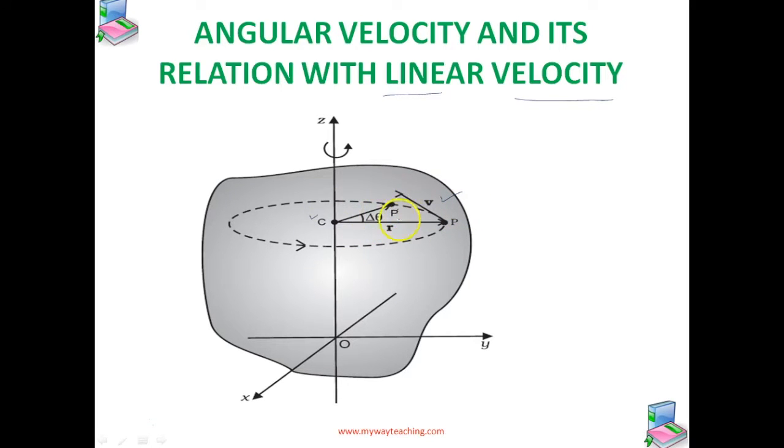See, let P dash be the position of the particle after an interval of time, that is delta t. The angle TCP dash, that is delta theta, of the particle in time delta t describes the angular displacement.